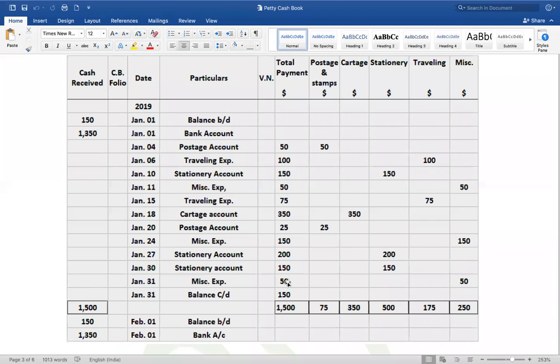So 50 plus 150 is 200, and this is 100 plus 100. 300, 300 plus 150, 450, 475, 475 plus 75, 550 plus 350, 900, 900 plus 50, 950, 1000, 1100, 1200, 1250.